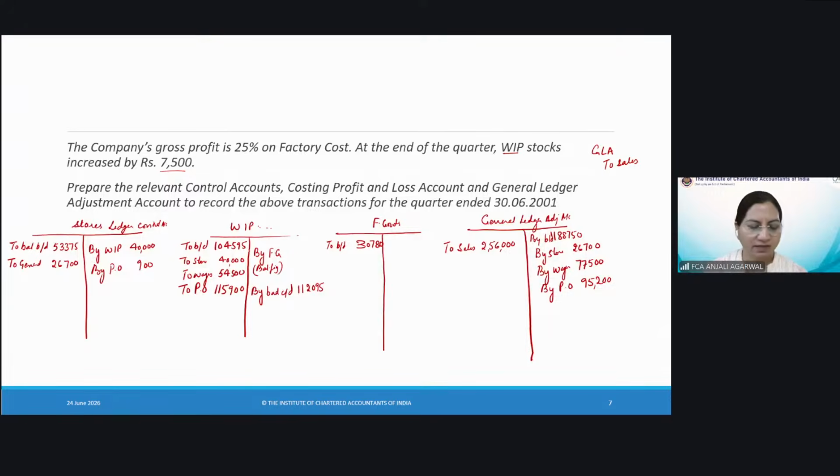So you'll find out the balancing figure here. The cost of finished goods, which is complete, is 2,02,900.